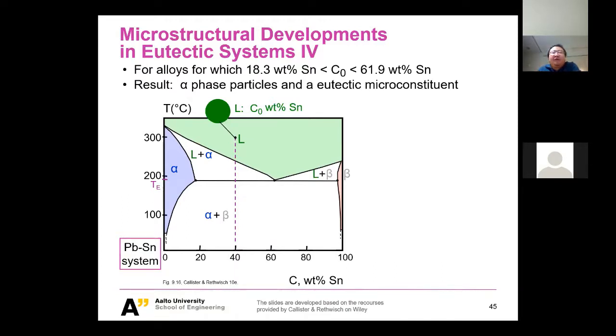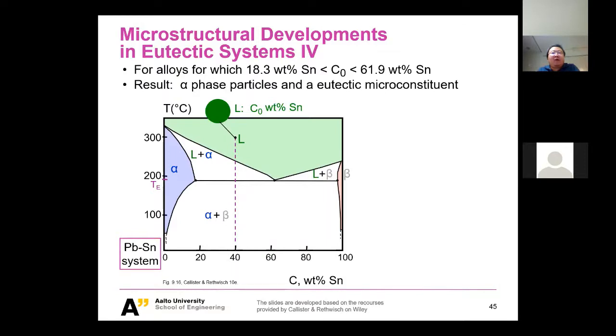For the first, isomorphous one, we could have 100% soluble solids and liquid solutions. And when we have a eutectic system, like the one you're seeing here, we won't have 100% soluble solutions for either liquid or solids.